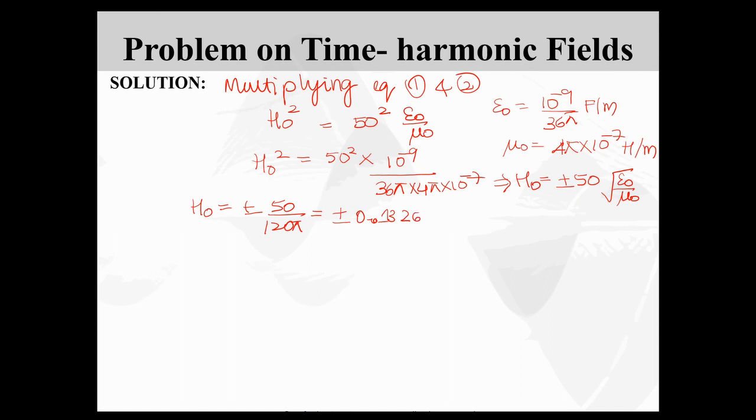By using the same two expressions, dividing equation 1 by 2, that is 1 divided by 2, we do this application, then we are going to get beta square will be equal to omega square mu naught into epsilon naught.